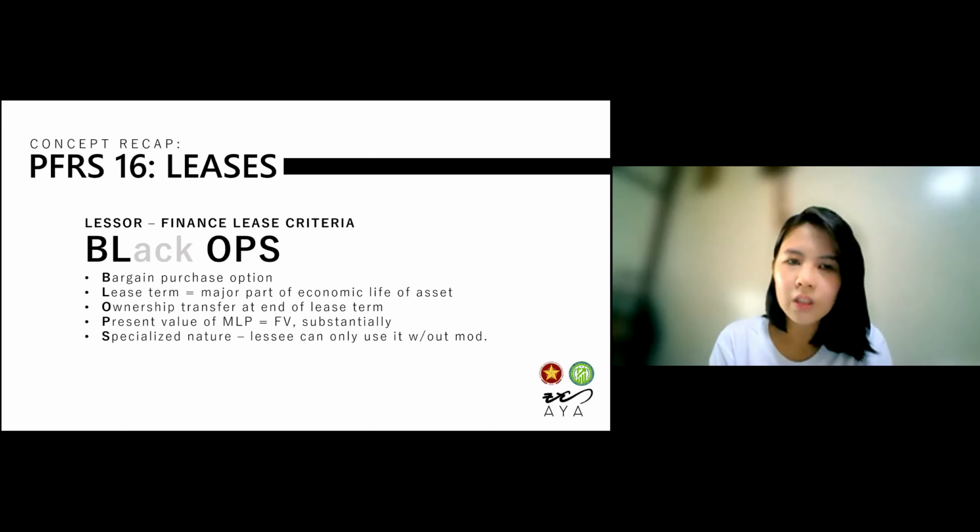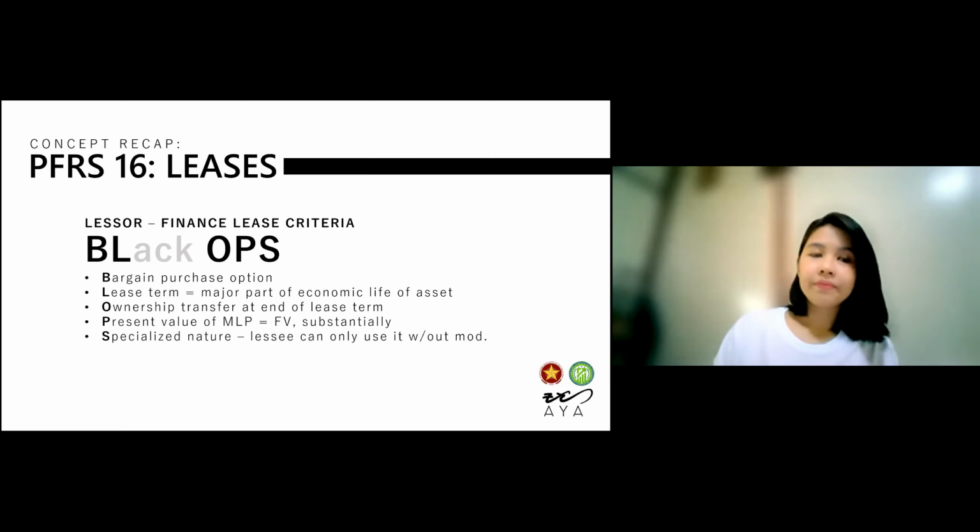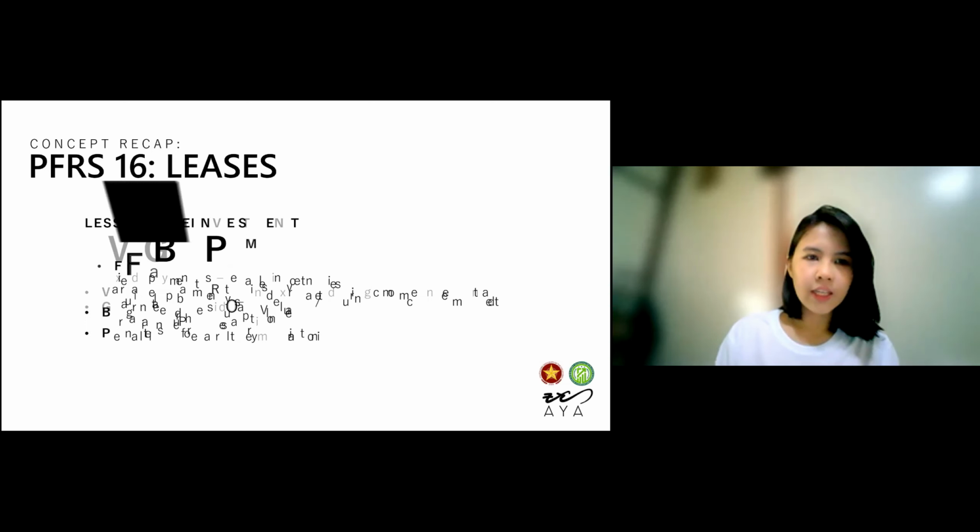So, usually there are just a number of lessees for those equipments. Kasi gaano ba kadami ang kumpanya na gumagawa ng parts or ng eroplano. Diba? So, very specialized siya in such a case na pag pinalis mo siya, more likely finance lease yung magiging classification ni lessor.